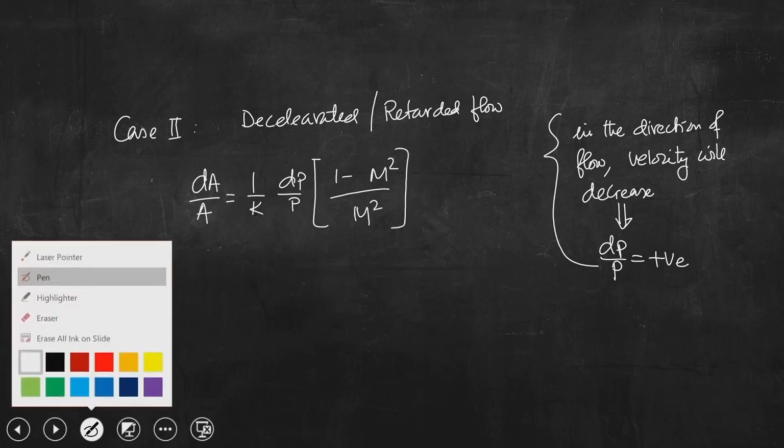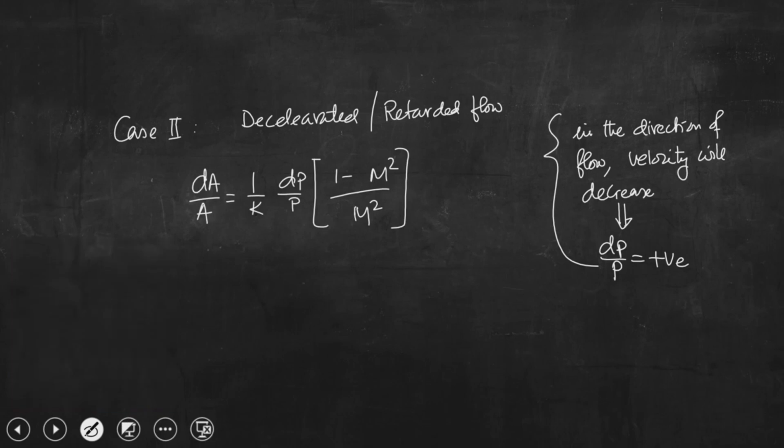So, let us now discuss several cases. First sub case is A. When C is less than A, that is Mach number less than 1, this quantity in the bracket is positive.